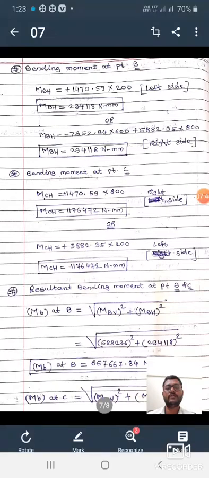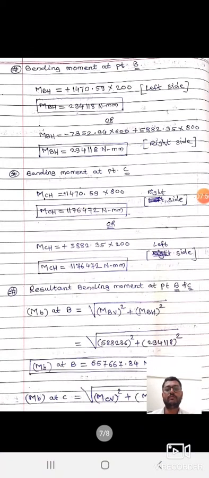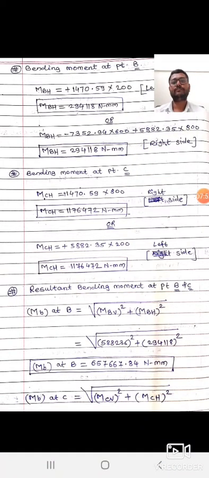So in this way we have calculated the values for bending moment at point B and at point C. Then next task is to find resultant bending moment at point B and at point C. How to find resultant bending moment at point B and C? We have to just use one formula, that is equal to under root of MBV square, means vertical bending moment about point B square, plus horizontal bending moment at point B square.